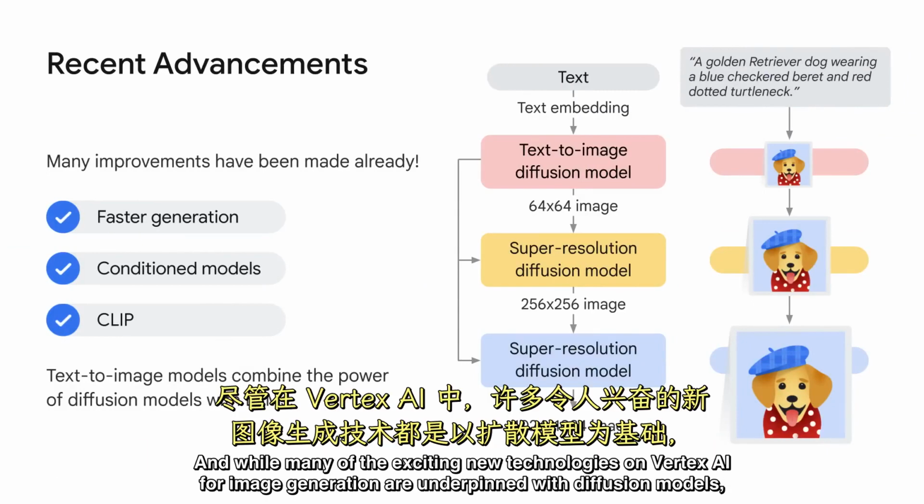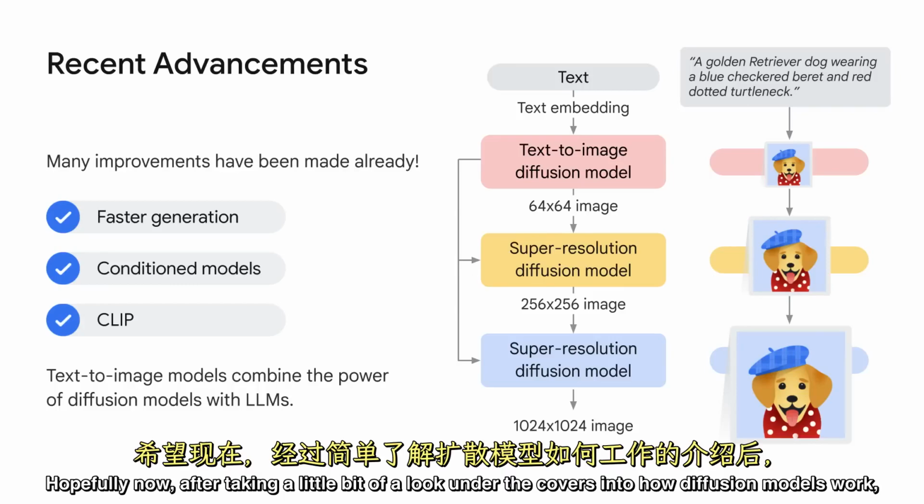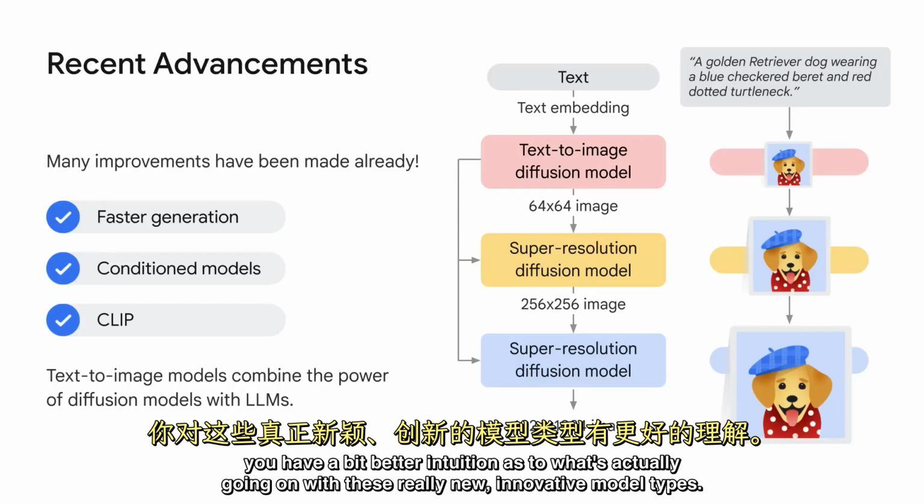And while many of the exciting new technologies on Vertex AI for image generation are underpinned with diffusion models, lots of work has been done to generate images faster and with more control. Hopefully now, after taking a little bit of a look under the covers into how diffusion models work, you have a bit better intuition as to what's actually going on with these really new, innovative model types.